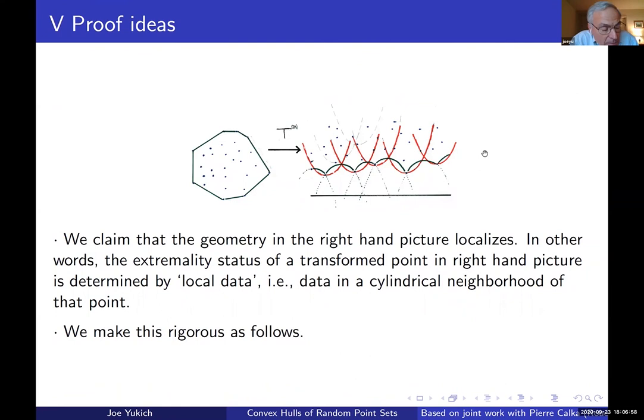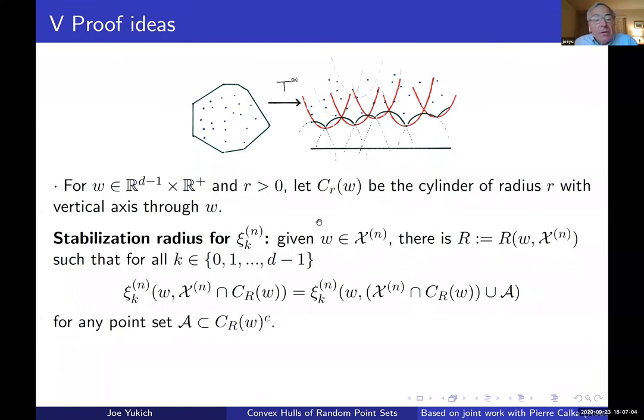And we make this rigorous as follows. Given any point w in this upper half space and a parameter R, let C_R(w) be the cylinder of radius R through the point w.